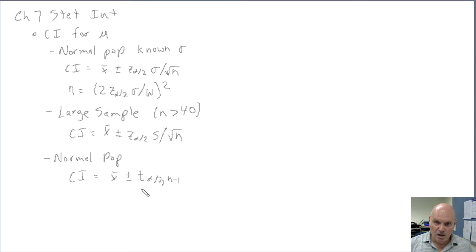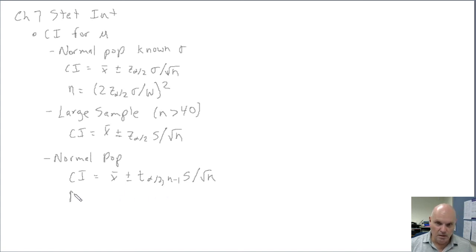So this t distribution depends on 2 parameters, not only alpha over 2, but also n minus 1, which we call the degrees of freedom, times s over the square root of n. So again, the formula is similar except a different critical value.